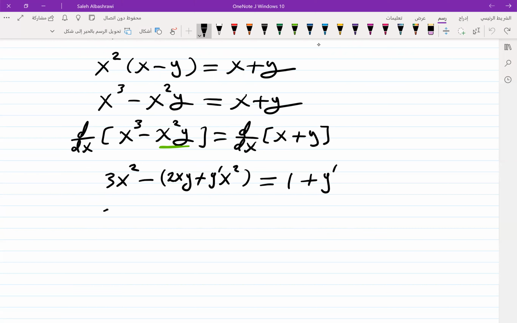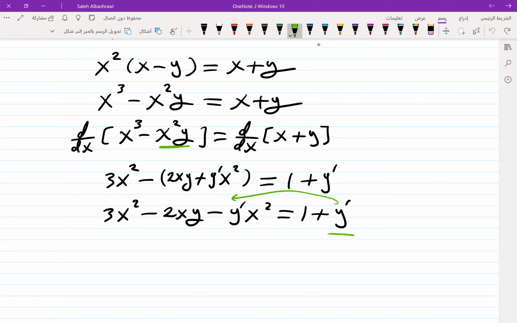I have 3x squared minus 2xy minus y prime x squared equal to 1 plus y prime. This one, I will move it to the left hand side. And the terms without y prime, I will move them to the right hand side.